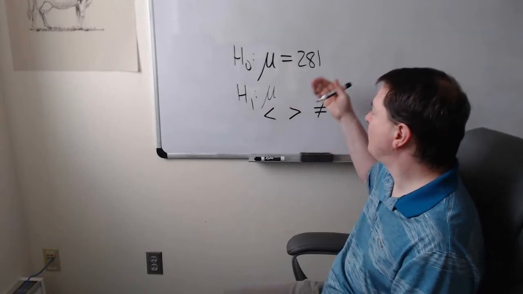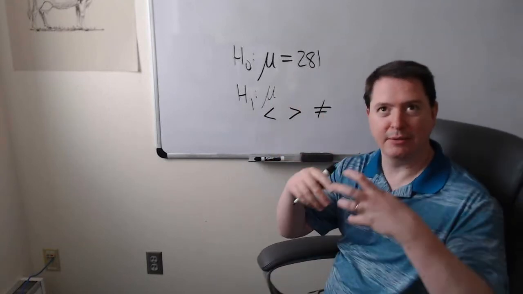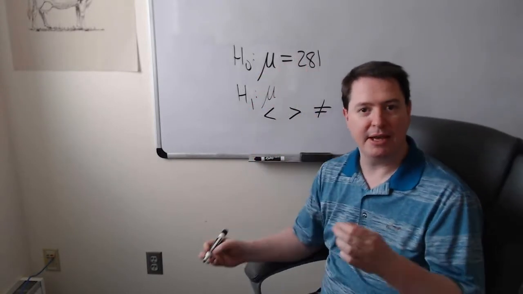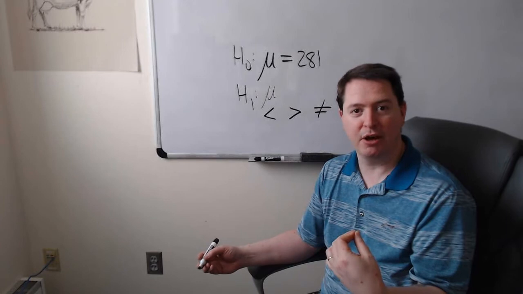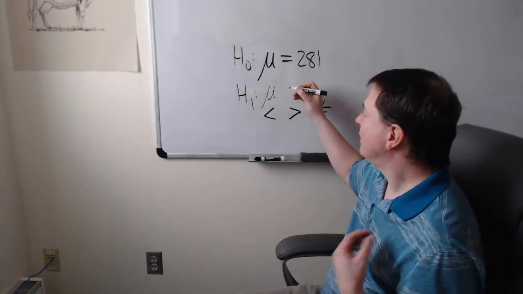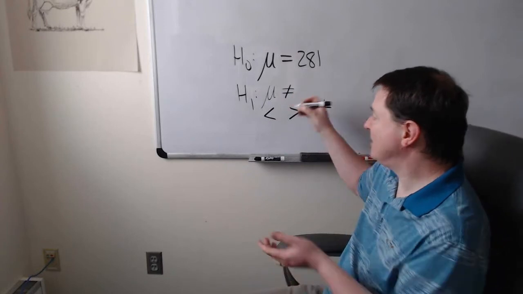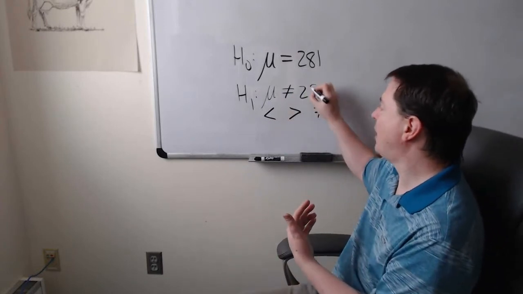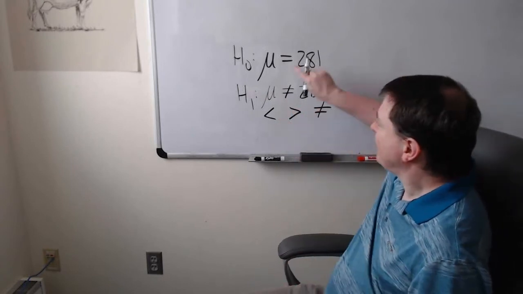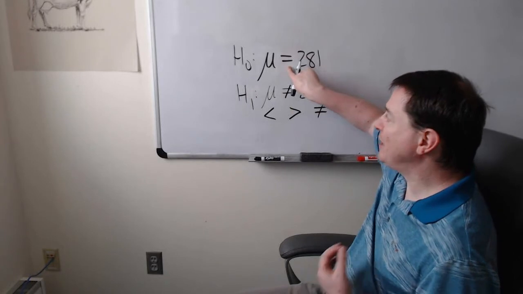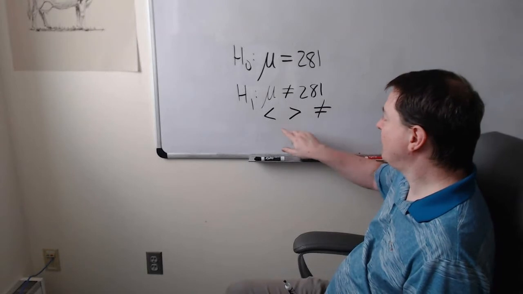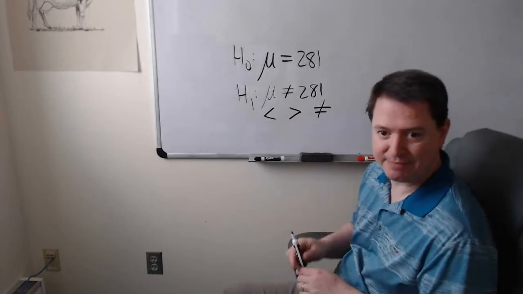If my basic hypothesis, without fancy symbols and numbers, is that the diet had an effect on pregnancy or it didn't have an effect, well, this is it didn't have an effect. Having an effect just means it might be lower, it might be higher, so I would actually use a doesn't equal symbol here. But in any case, this null hypothesis realistically always has an equal sign in it, and the alternative will be one of these 3 things.